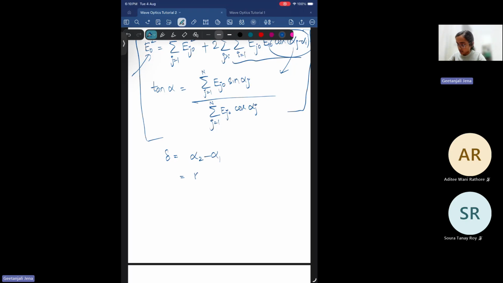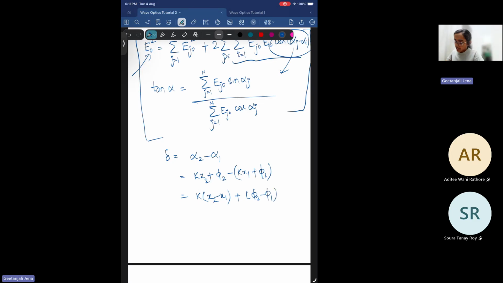Recall alpha is the time independent part. So it is kx2 plus phi 2 minus kx1 plus phi 1. We can rearrange it: k times x2 minus x1, plus phi 2 minus phi 1.